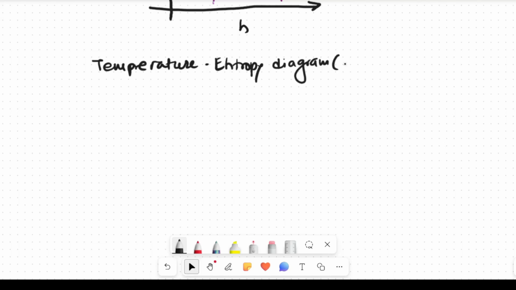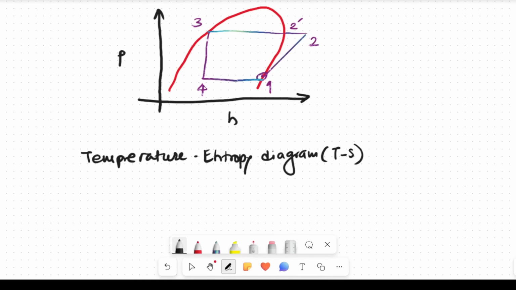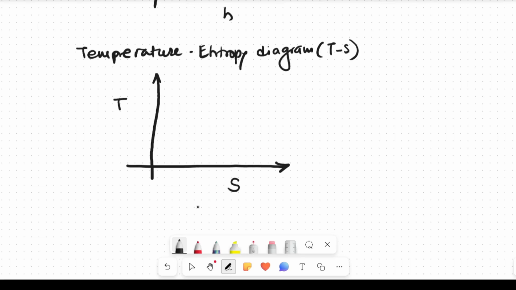It is of the same purpose, to show the refrigeration cycle, but some of the processes of the refrigeration cycle cannot be shown on the pressure enthalpy diagram. So, to show them in a correct way, we need the temperature entropy diagram.